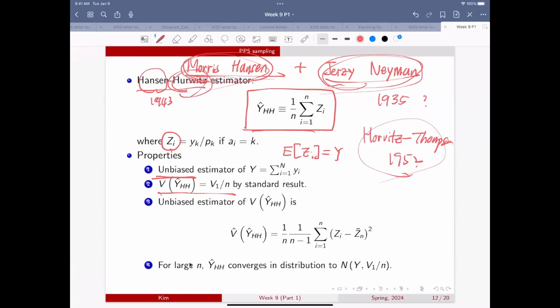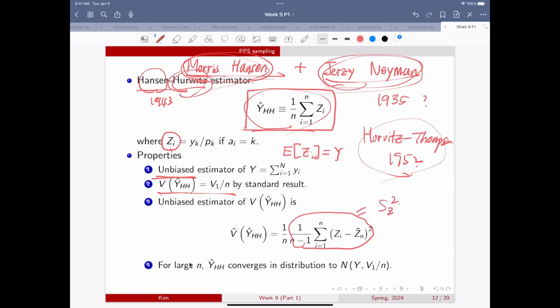The third one is that the variance estimation is easy. That's a really attractive property. Why is this true? Well, because this is basically a sample mean of IID random variables. And what is the variance estimator? How to estimate the variance of the sample mean of IID random variables? 1 over n times s squared, right? Which is exactly this one. This is s_z squared, nothing else.